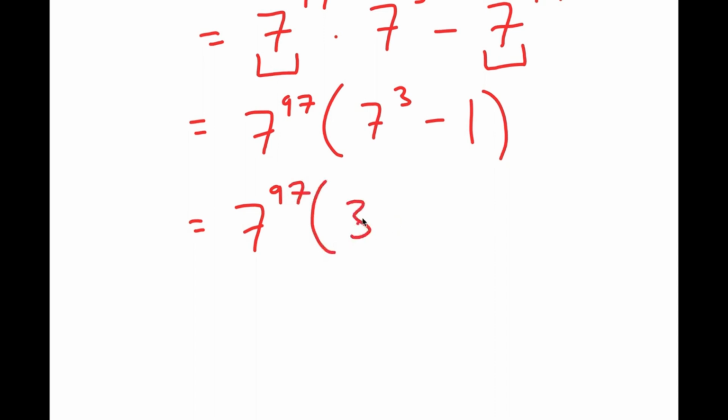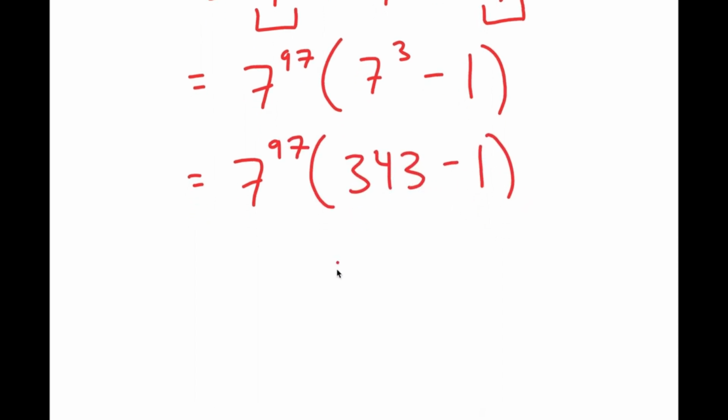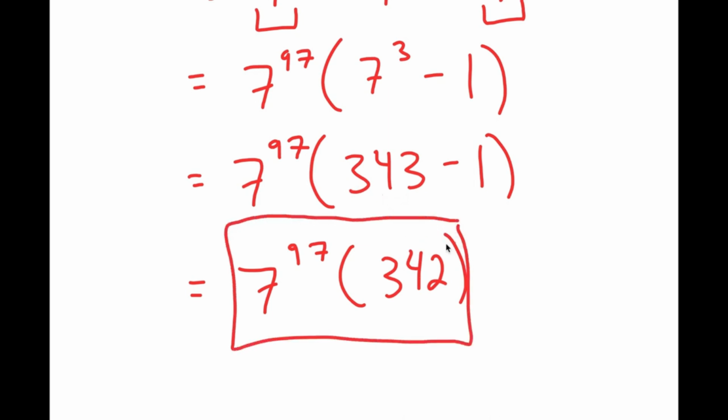So I get 343 minus 1, which is equal to 342. So I get 7 to the power of 97 times 342. So this is my answer in simplest form.